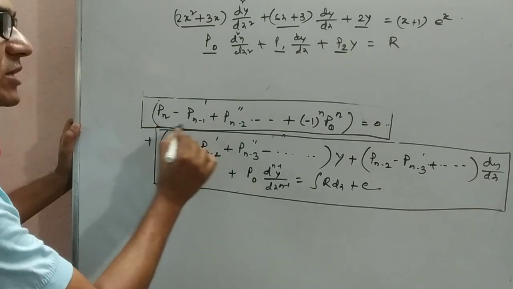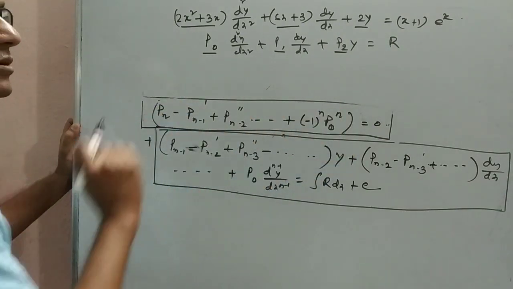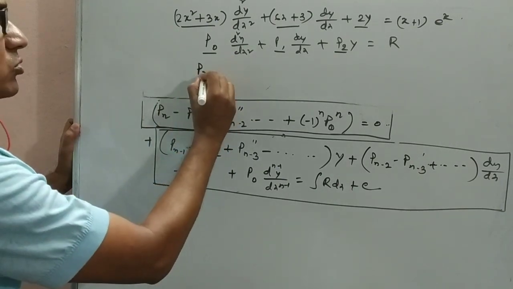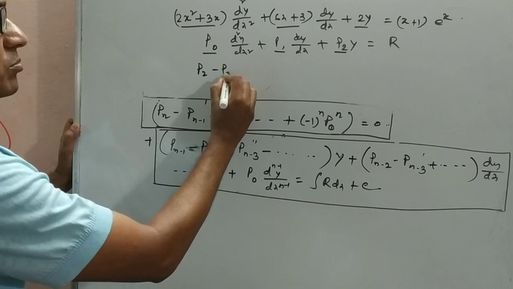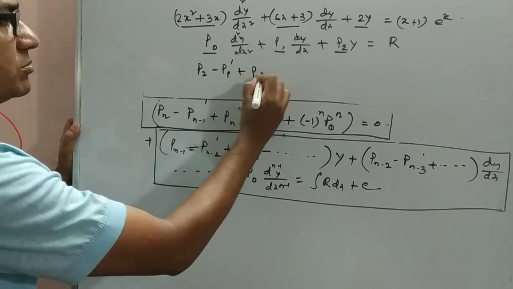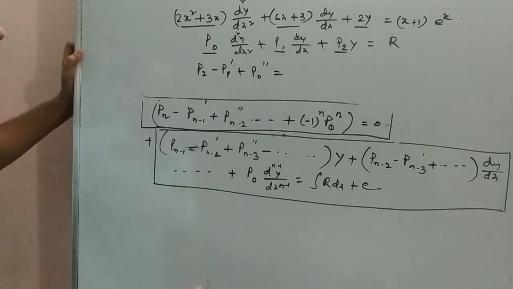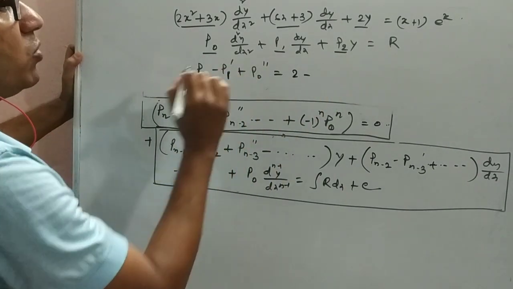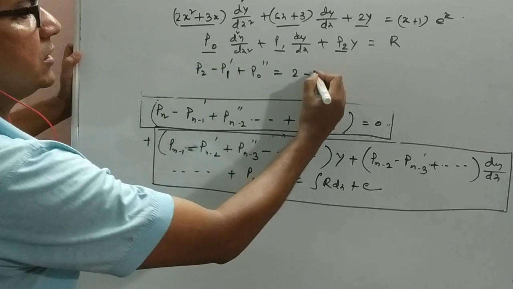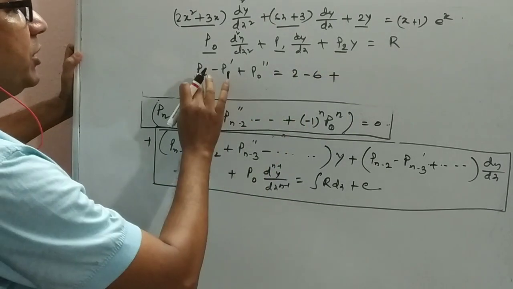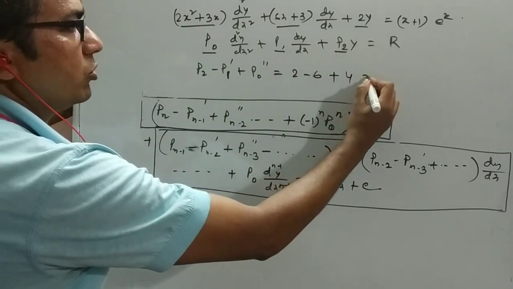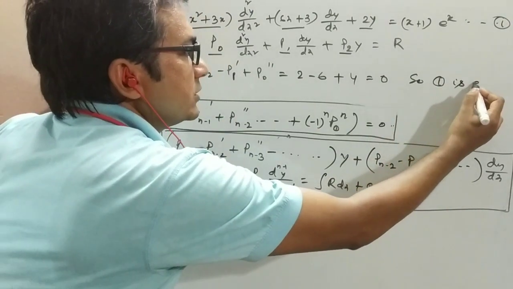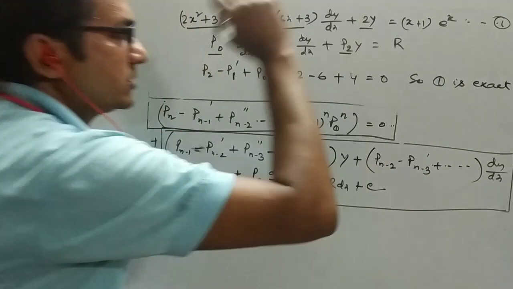Now the condition of exactness in particular here is P_2 minus P_1' plus P_0'', that is 2 minus P_1', that is 6, plus P_0'', that is 4. So equation 1 is exact, right?